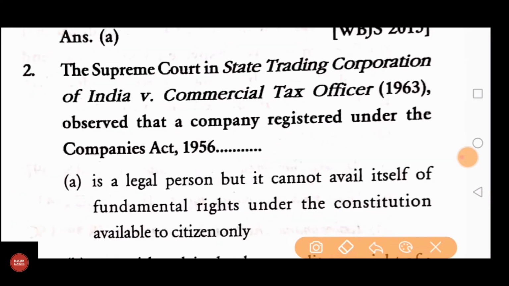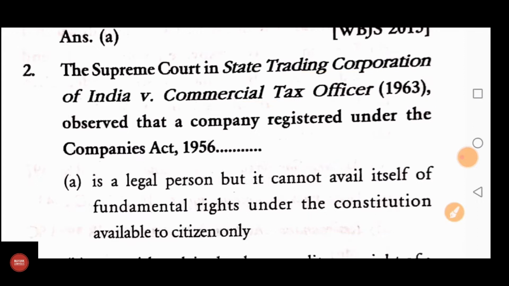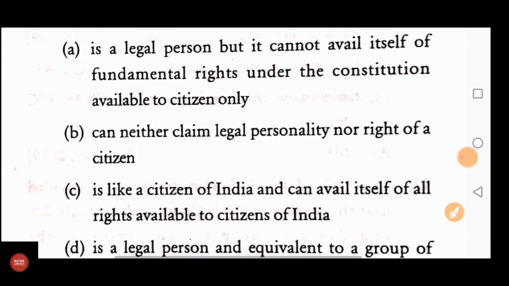Question number 2. The Supreme Court in State Trading Corporation of India versus Commercial Tax Officer 1963 observed that a company registered under the Companies Act 1956 is dash. A. Is a legal person but it cannot avail itself of fundamental rights under the Constitution available to citizens only. Option B. Can neither claim legal personality nor right of a citizen.